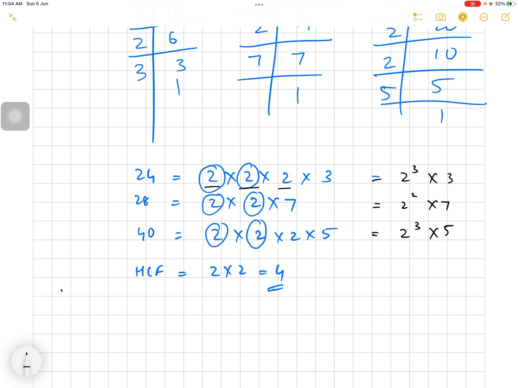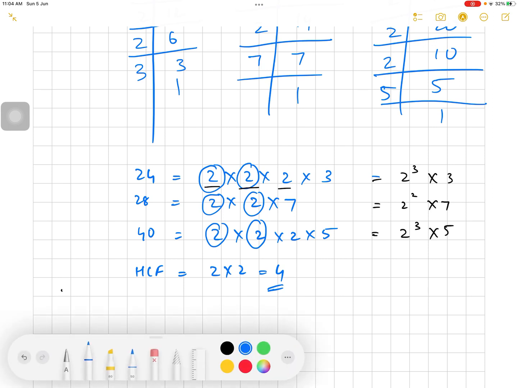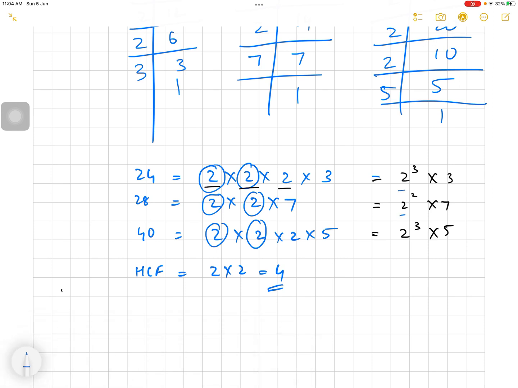The common factor here is only 2; 3, 7, 5 are not common. Which is the least power? This is 3, this is 2, this is 3, so 2 is the least power. So this is my HCF. So HCF is 2 square. 2 square is 4.